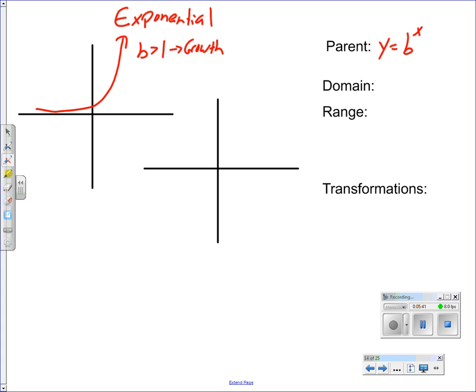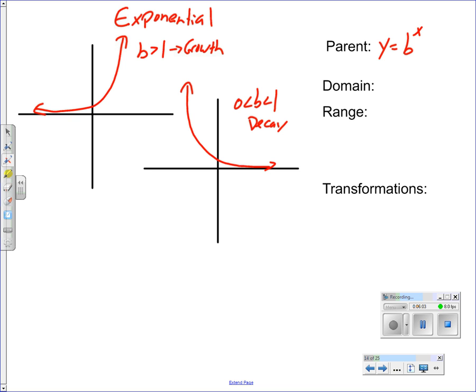The graph is growing as we go out to infinity. If b is a proper fraction or decimal, then it's a decay function. So the properties of those two functions are very similar.